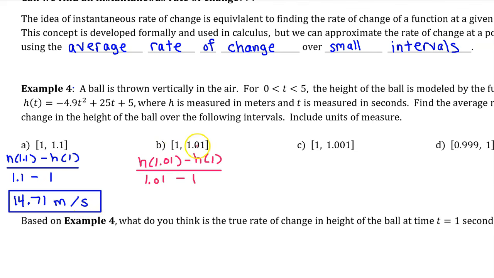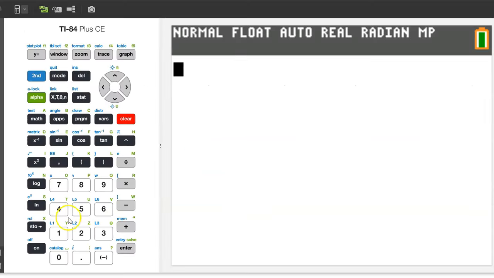For part B, the average rate of change on this interval will be given by this expression. Let's type it in. I'm going to walk you through it one more time. Set up a proper fraction, and we need y1 at 1.01.